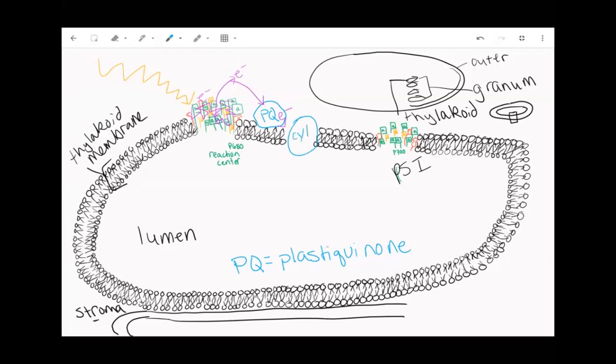And I'll shorten it here, but I'll spell it out. So cytochrome B6F. All right, so that's a complex of proteins.